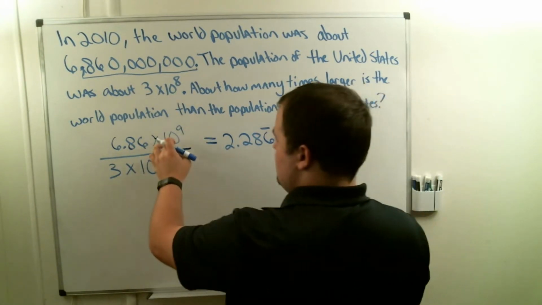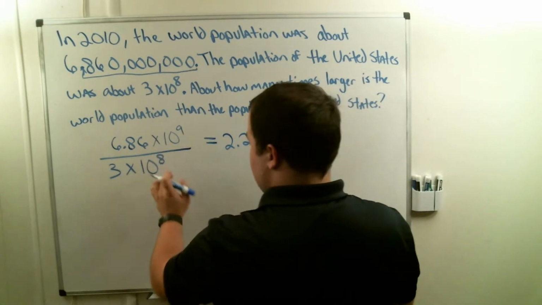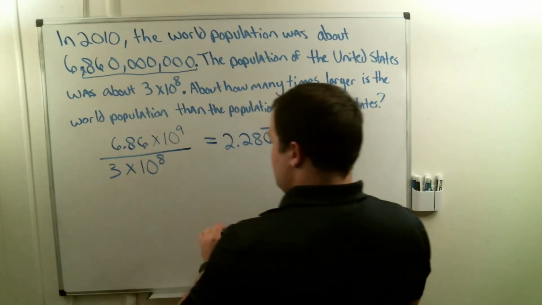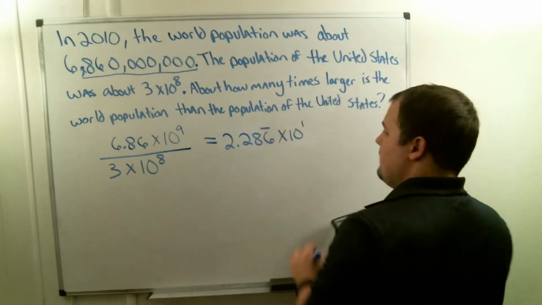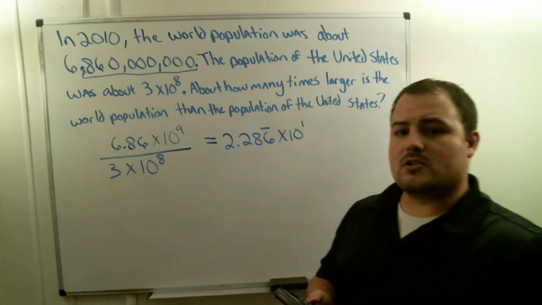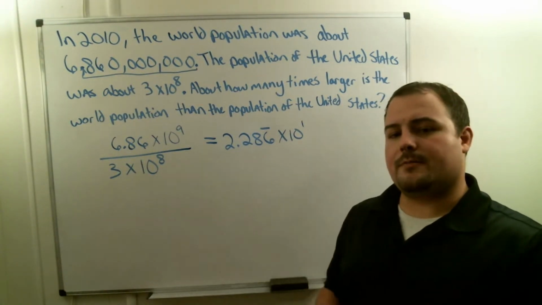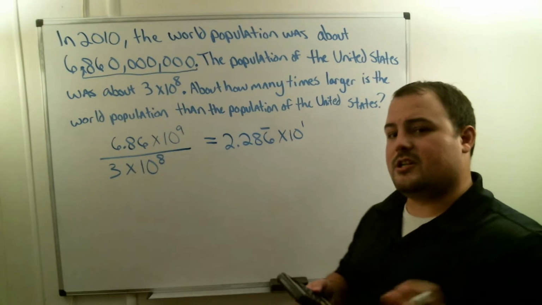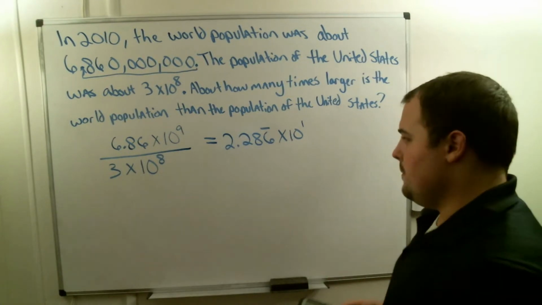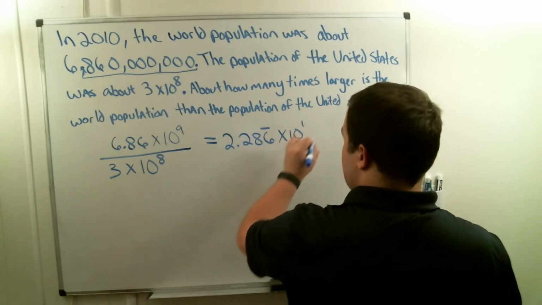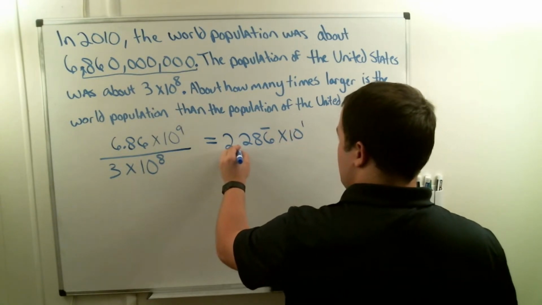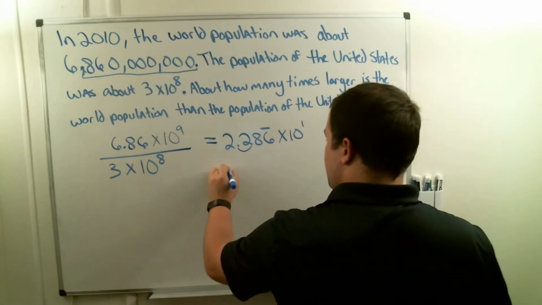Now, all we got to do is take 10 to the 9, divided by 10 to the 8. 10 to the 9th power divided by 10 to the 8th power is 10 to the 1st power. So if we want to figure out how much bigger the population is, we're actually going to change this number to standard form. So if it's 2.286 times 10 to the 1st, well, that 1st means we're going to move the decimal 1 time.